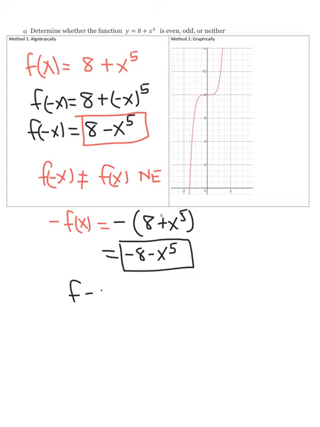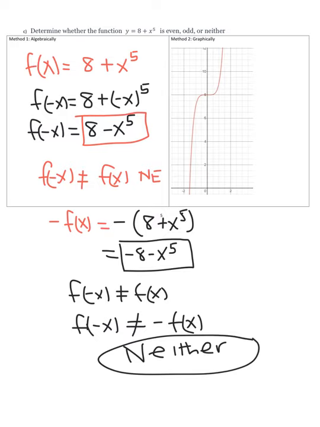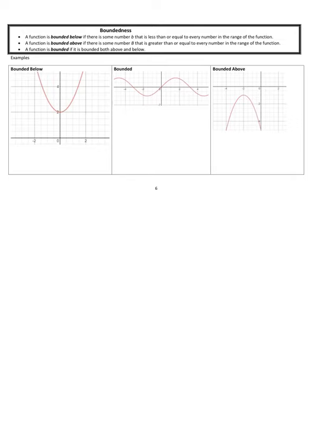F of negative x is not the same as f of x. And then when I tried negative f of x, it's not the same as f of negative x. So what can I conclude? It's neither. So that's the answer. Now, let's move on.